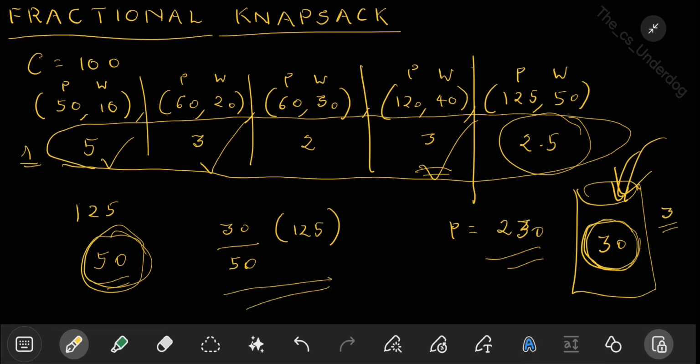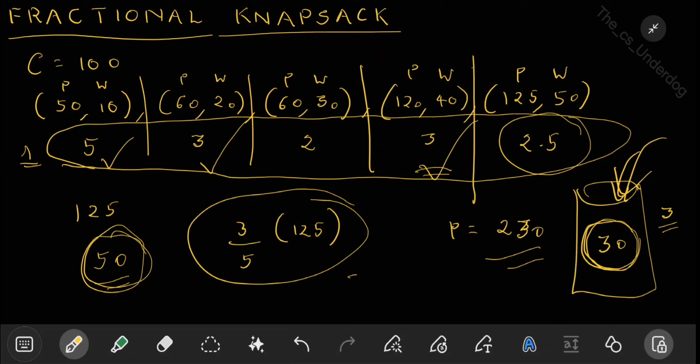So what will be 30 by 50 into 125? It is 3 by 5 of 125, it is 75. So your profit will now increase by 75, which will take it to 305. And your knapsack capacity, this 30 is also depleted now, which means capacity remaining is 0.